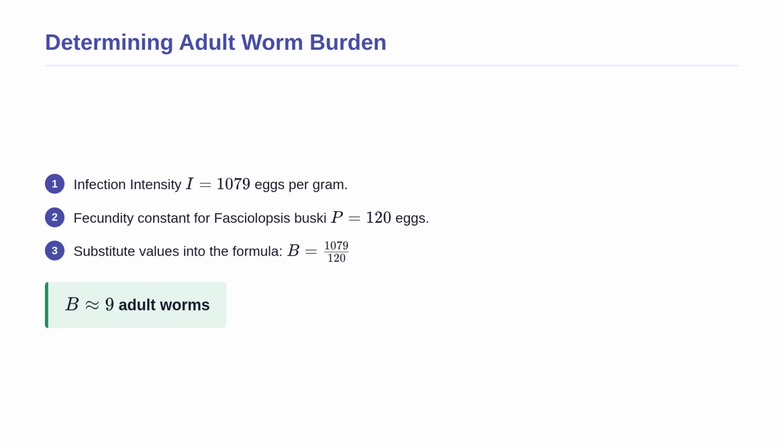We substitute these values into our formula, dividing 1,079 by 120. This gives us approximately 8.99, which we round to a worm burden of 9. This means there are an estimated 9 massive adult giant intestinal flukes feeding inside the patient, fully justifying immediate medical intervention.